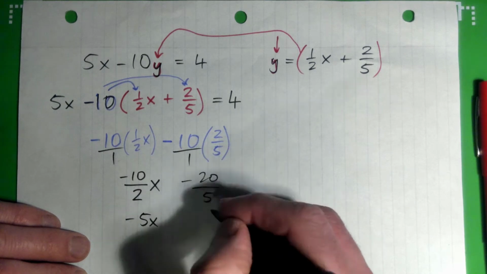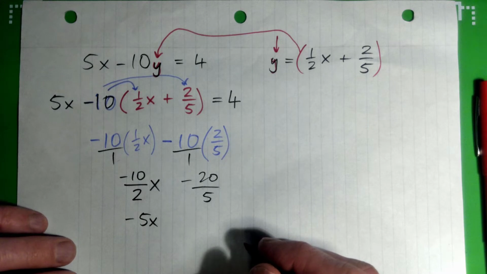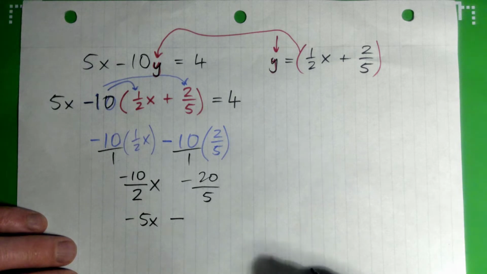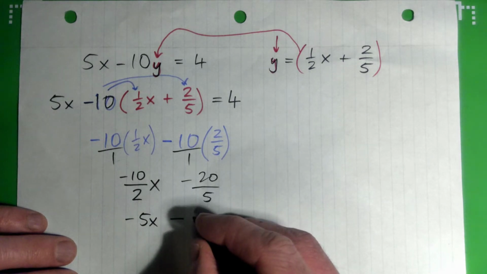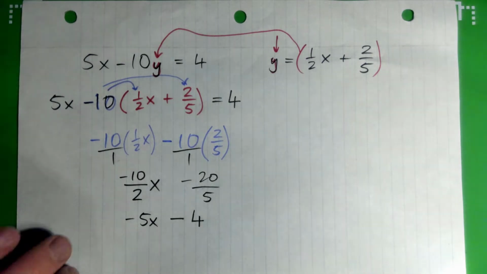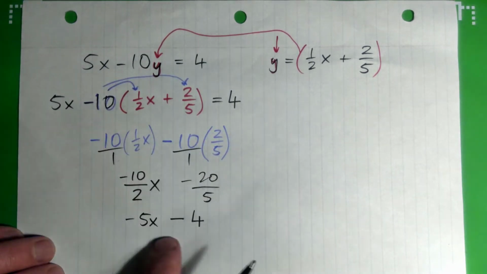Negative 20 over 5, which makes... All right. Right. So this whole distributive property gave us that.